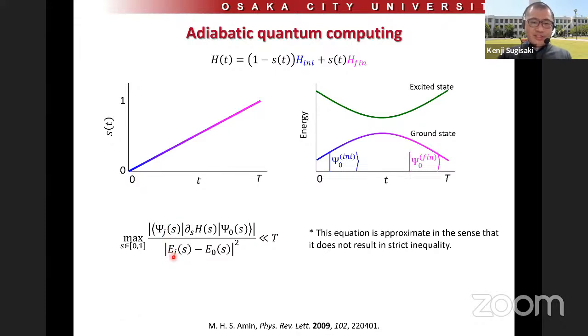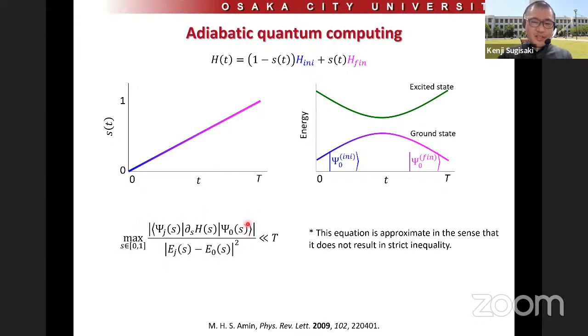And this E_J and E_0 are eigenenergies of the instantaneous Hamiltonian H_S. The evolution time should be sufficiently longer than the maximum of this equation.